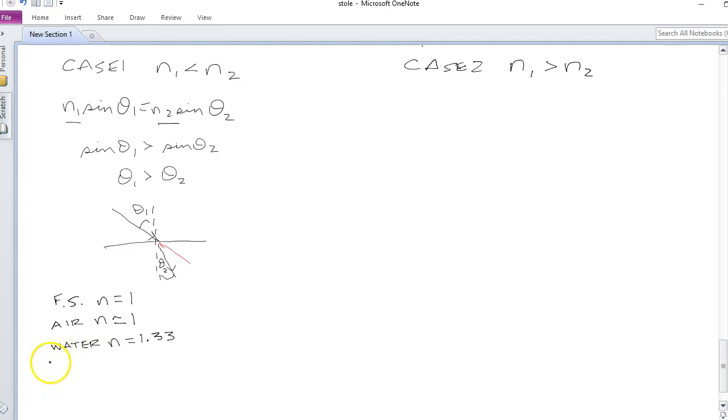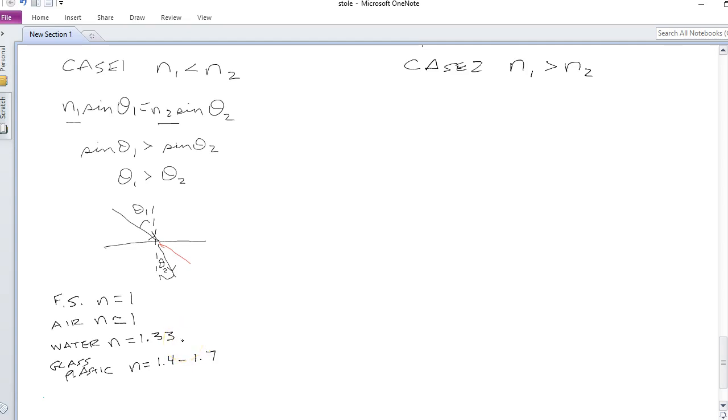And then, because we're going to look at lenses, and when we talk about image formation, we'll do a lot with lenses. Lenses are usually made out of glass or plastics. And those indices range roughly from maybe 1.4 up to maybe 1.7 or 1.8, depending on the type of glass or plastic.